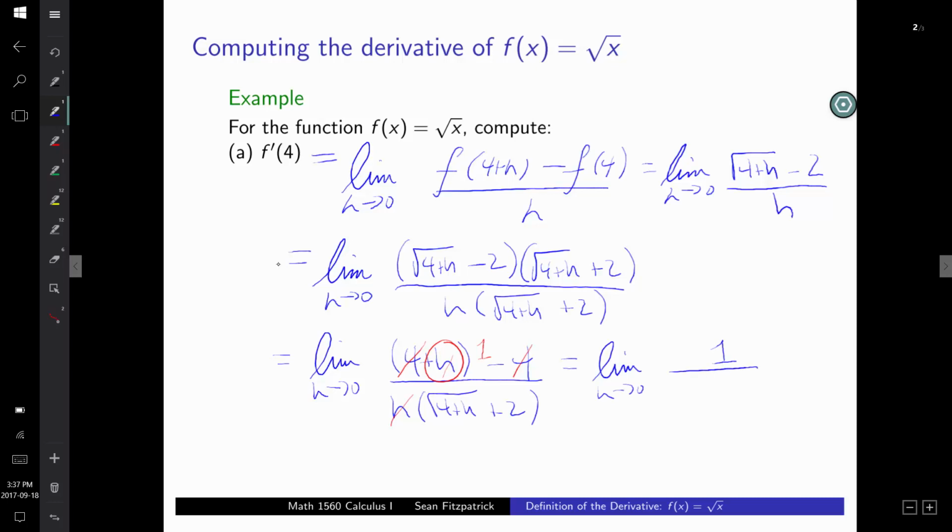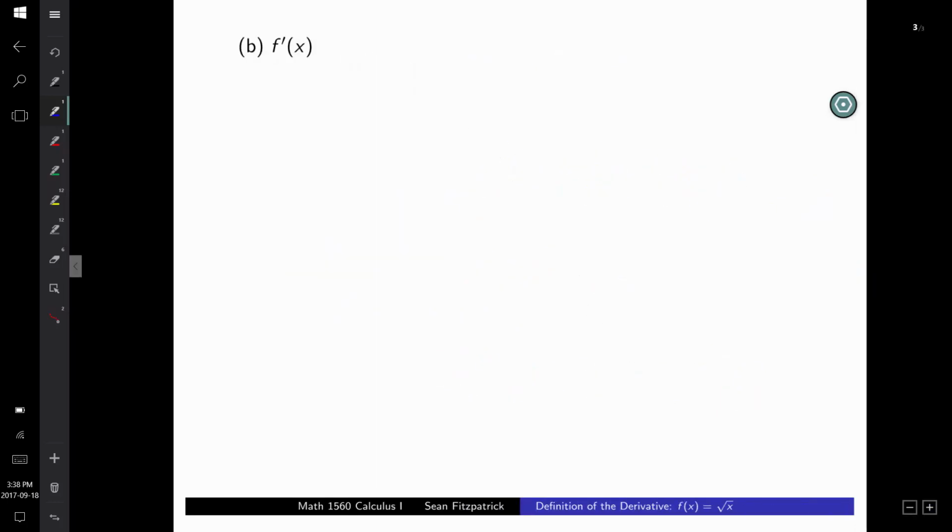I'm left with 1 on the top, square root of 4 plus h plus 2 on the bottom, and now I can let h go to 0. There's no problem here. If I let h go to 0, I get the square root of 4 plus 2. I get 2 plus 2 in the bottom. I get 1 over 4 for my limit. So that gives me the derivative of my function at that point.